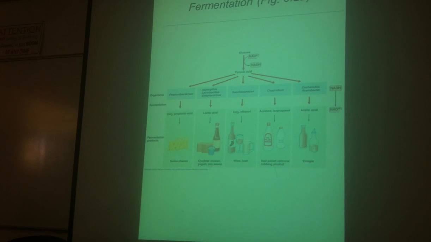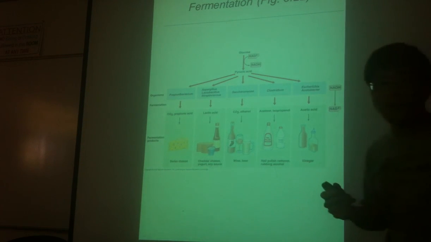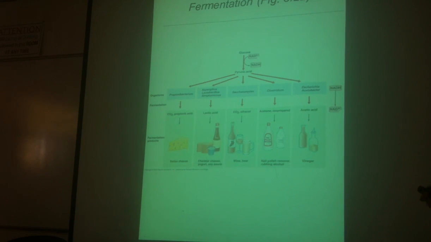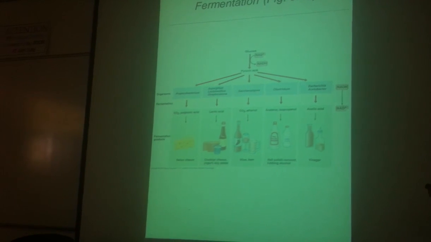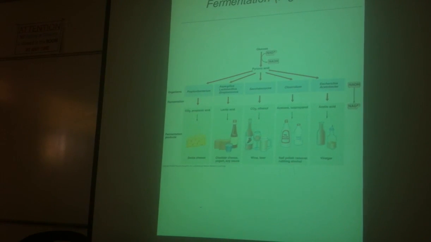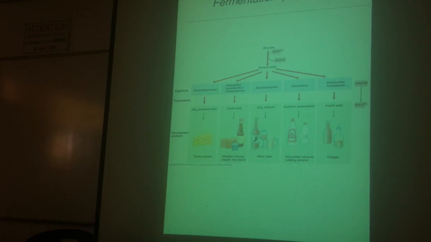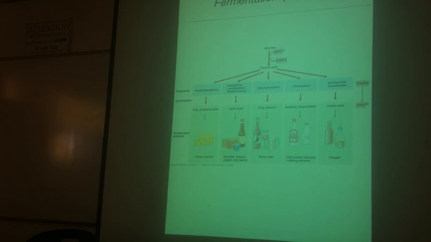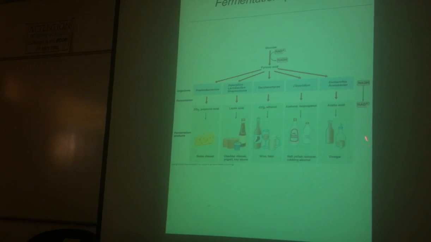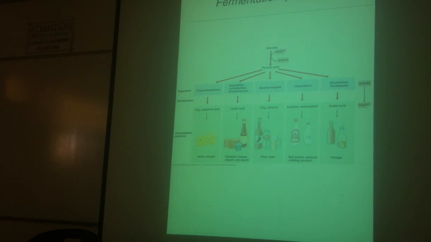All right, I'll give you one more handle on this. This again is from your book, from a figure from your book. This shows you the different kinds of fermentation products that you can get using a more familiar spin to this. Okay, so you can see, for example, what kind of fermentation makes cheese, right?